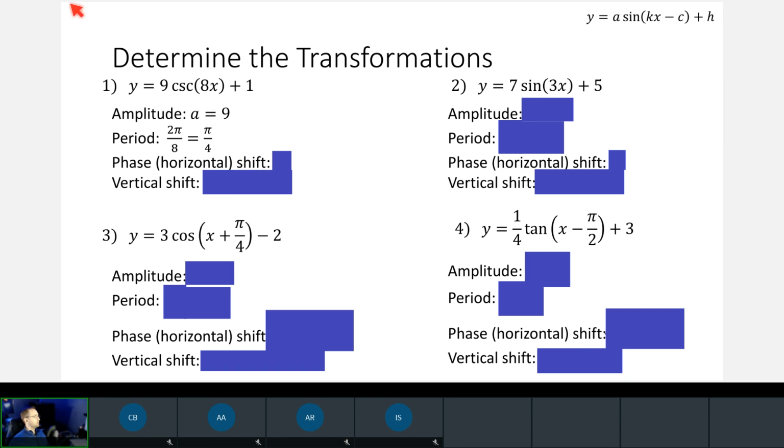All right, and yeah, phase shift is none or 0, and vertical shift is 1. Yeah, up 1. You may also see it written as y equals 1. So you may see it goes up 1, or it's y equals 1. And that's the horizontal line through the midline.